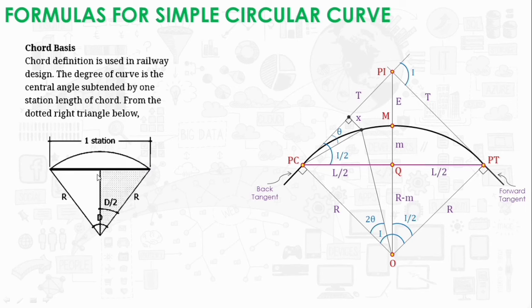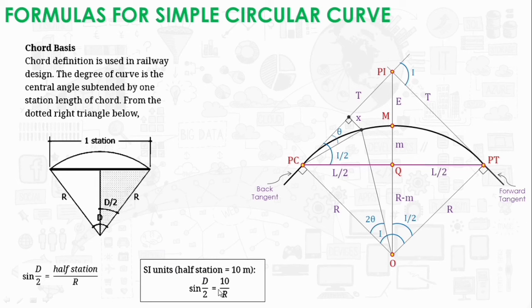If this is D, then this becomes D over 2. So sin D over 2 is opposite over the hypotenuse, the half station. One station is 20 meters, therefore half station is equal to 10 meters. Opposite over the hypotenuse, R. So sin D over 2 is equal to 10 over R. So the degree of curve can be found in terms of the radius, depending on whether it is chord basis or arc basis.